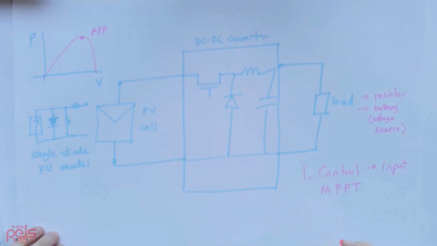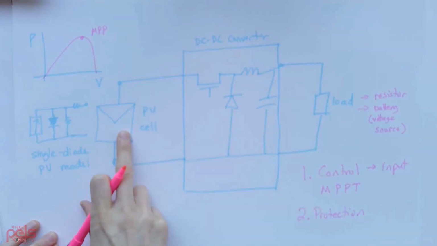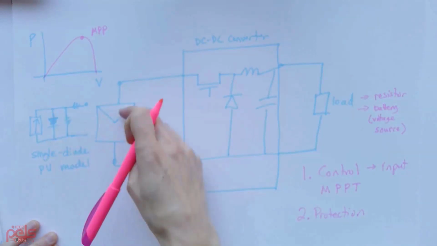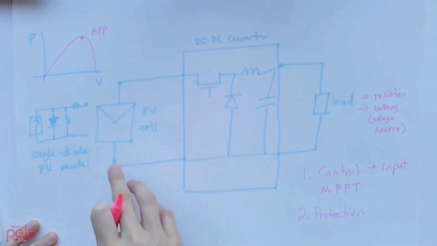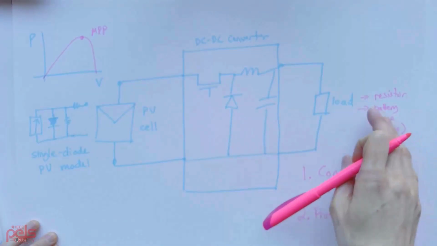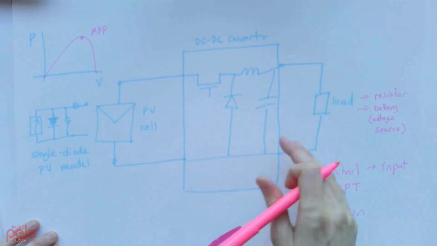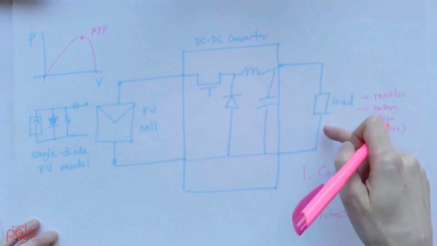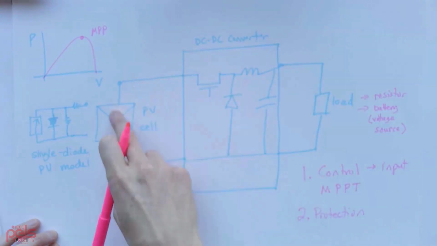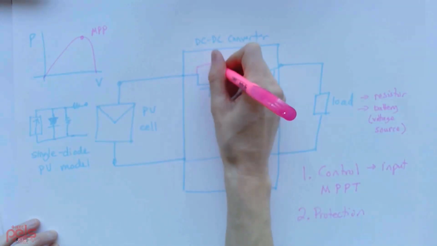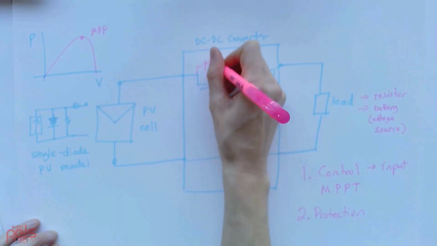The other thing I want to mention for these types of circuits that sometimes students run into is protection. Because inside of this PV cell is actually a diode pointing downwards, so there's a diode going from here to here, if your load is a battery, and you're not quite controlling your converter correctly or something else is happening, you may actually get current flowing from the battery to the input side because of this body diode here.